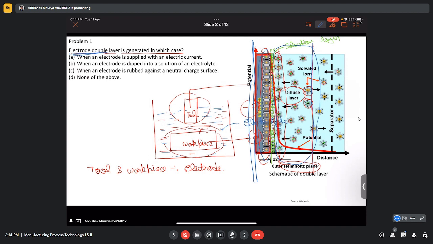Here we have positive charge on the electrode and negative charge on the ions. The opposite can also be true: if our electrode has negative charge, then positive charge will accumulate in the nearby region. This is called the double layer, and it will happen only when the electrode is dipped inside the electrolyte. So the correct answer is B.